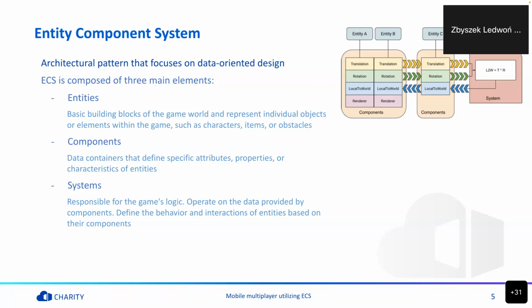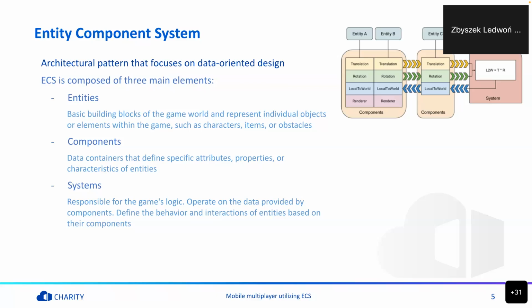In a car game example, a car would be an entity. Obstacles would be entities, and other cars also would be entities. All objects that are visible and interactive in the game would be entities.